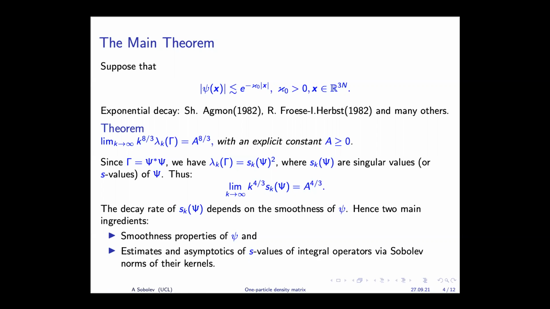Therefore, this dictates immediately that we should study smoothness properties of the function psi. We'll see where it has singularities and what these singularities are and how they determine the decay of the eigenvalues, or more precisely singular values. On the basis of the smoothness properties, we are going to study estimates and asymptotics of singular values. Just read it off the singularities of the function psi. That's the idea.